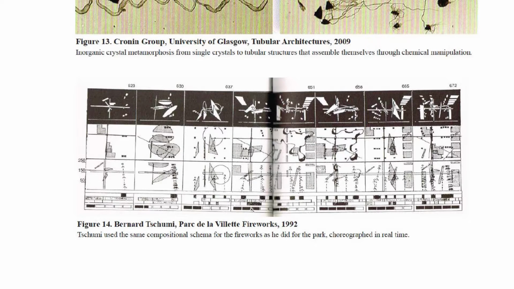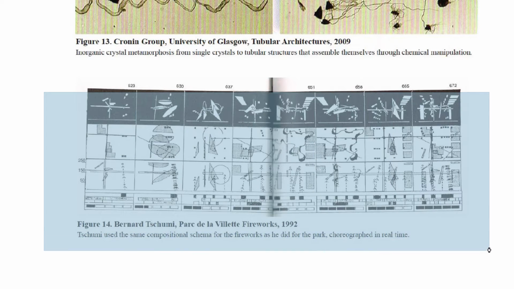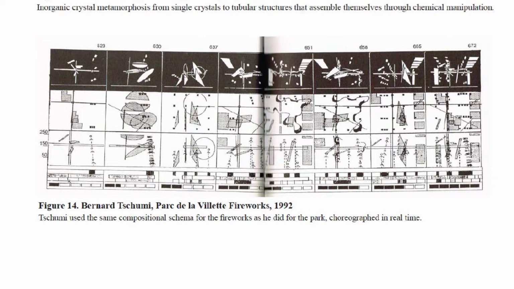And so, for example, here is the launch of Parc La Villette with a fireworks show, and down here is the resulting fireworks activations and timeline that they used to try to develop this. And so Schumi developed this as an idea of the park's display in the sky, and that was then broken down into a series of actions.